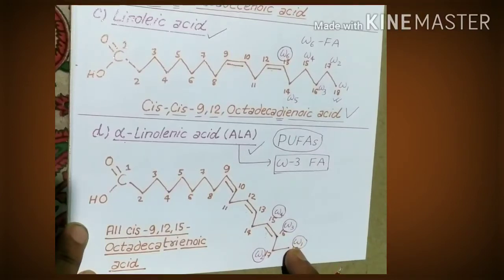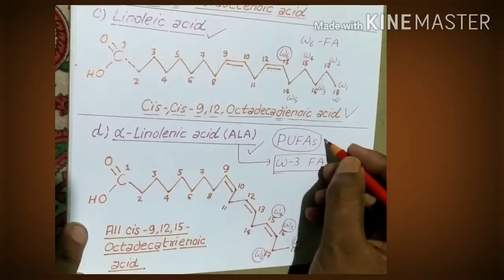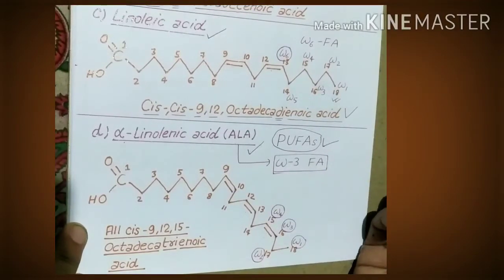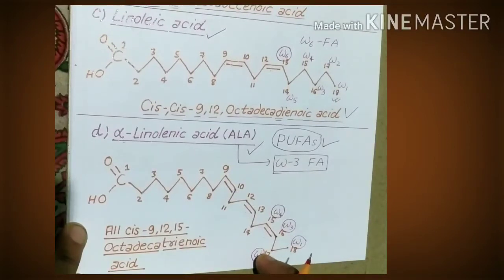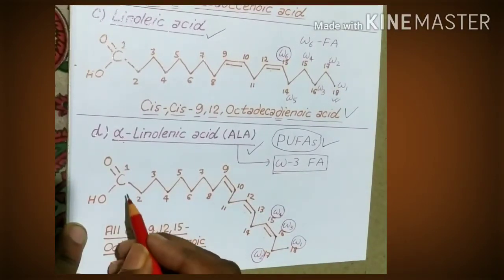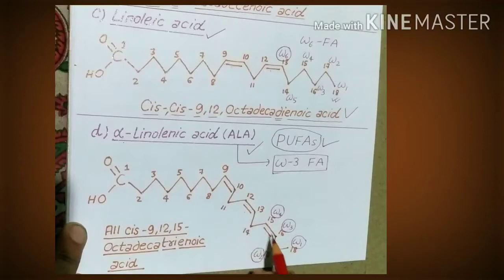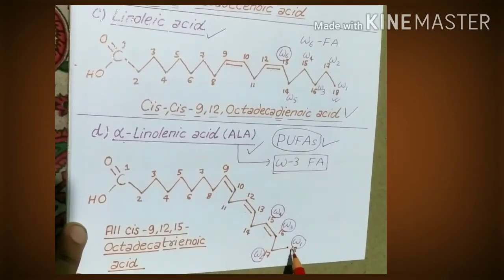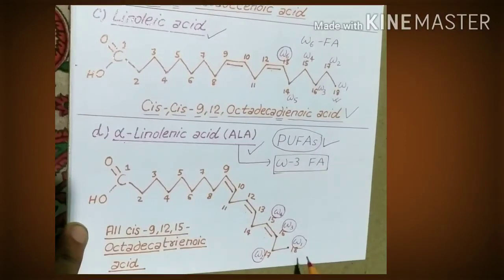This concept of omega nomenclature is applicable only for polyunsaturated fatty acids. In this convention, the carbon atom most distant from the carboxylic group is assigned as omega 1. Omega is the last letter in the Greek alphabet.